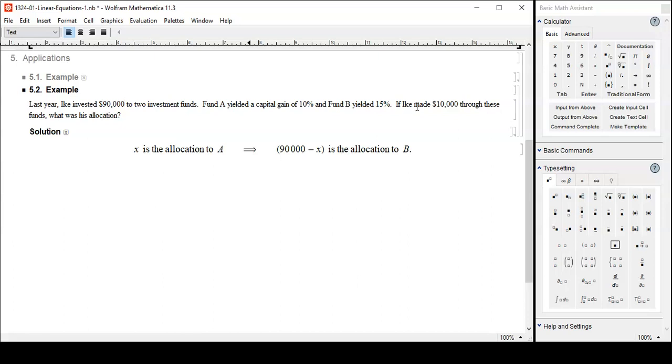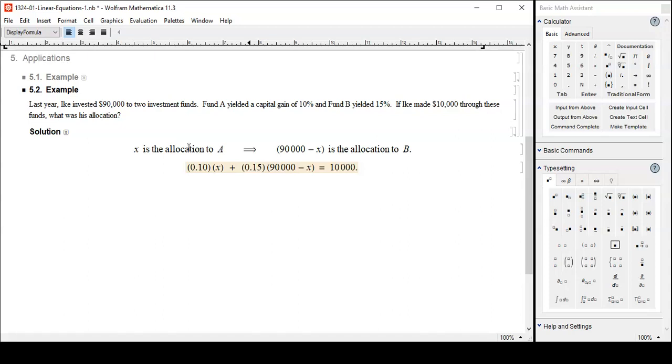Okay, now he made $10,000 and Fund A yielded 10%. So he got 10% from X and then 15% from Y, from B. And then they add up to, that's the equation.